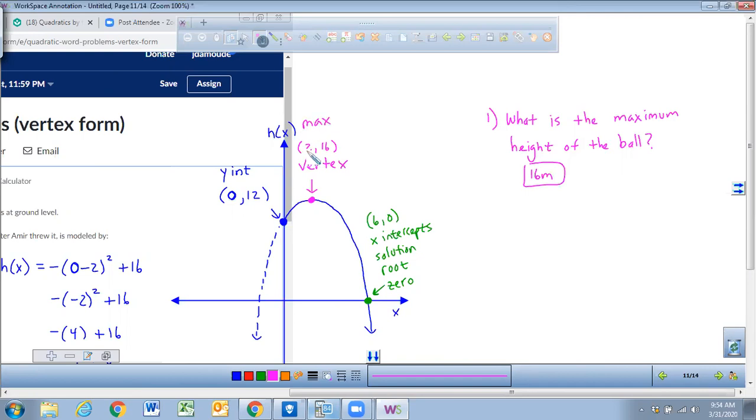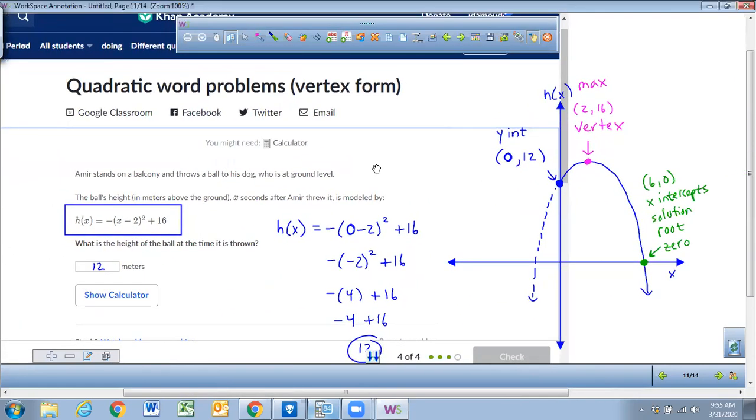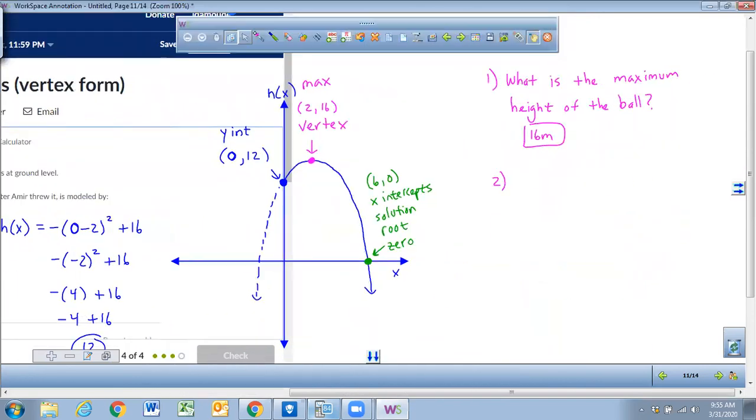It is at a 2 and a 16. Now the 16 represents the height. What does the 2 represent? What do you guys think the 2 represents? Actually, not distance. Height is the distance. The 2 represents right here the amount of seconds it takes to reach the maximum height. So they could ask you this question.